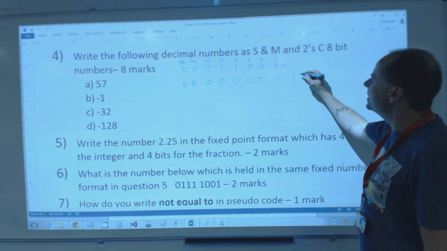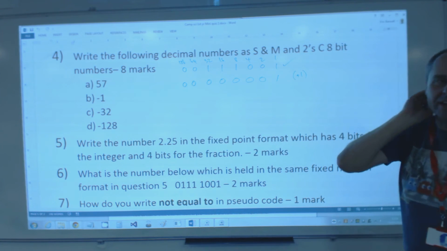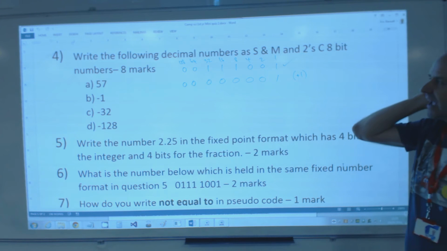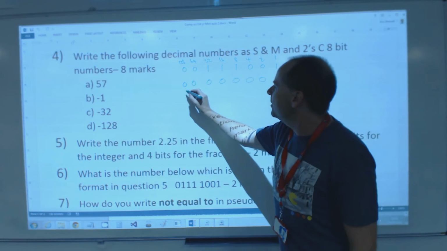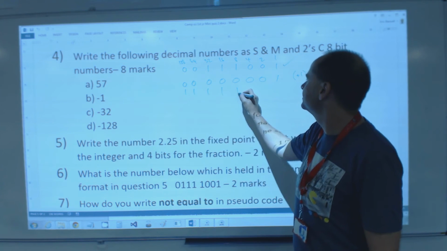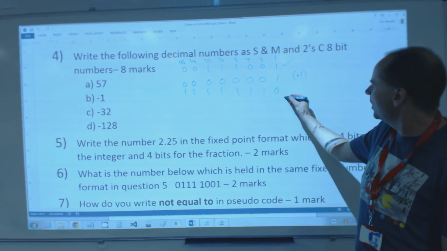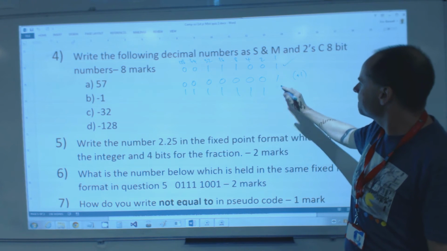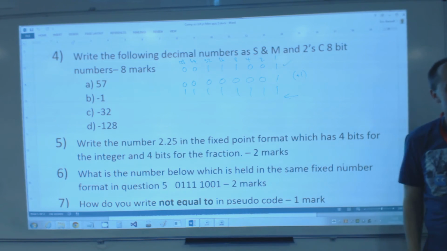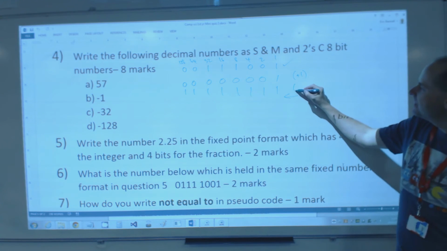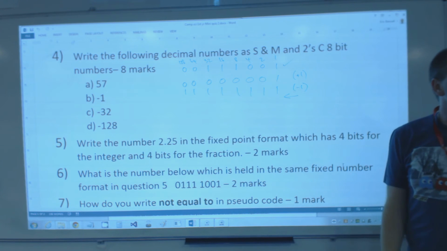I'm going to indicate to the examiner that I know that is +1, that isn't my answer, I'm working it out. And then I'm going to flip. And then I'm going to add 1. So when I add 1, I get that. Okay, so that is what -1 looks like in 2's complement.